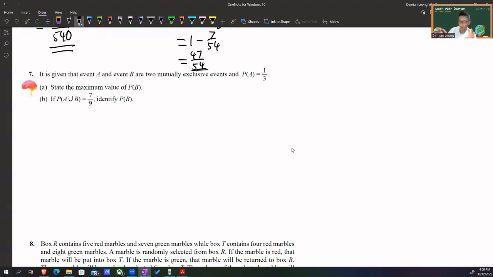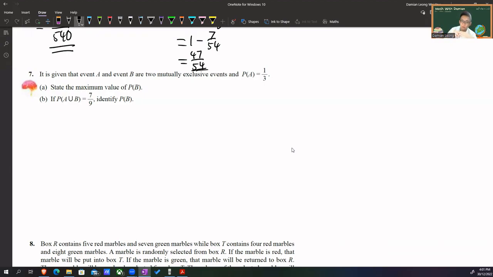Yeah. Because there are no common outcomes, we don't need to consider any outcomes that might be an intersection of both events. So part A, they want you to state the maximum value of probability of event B.